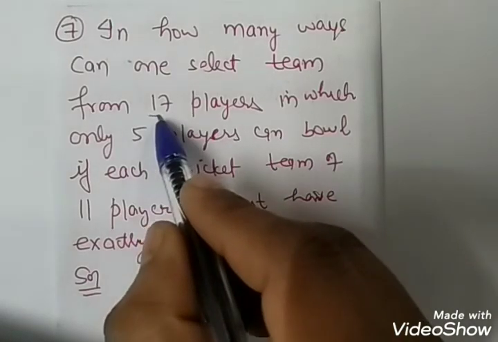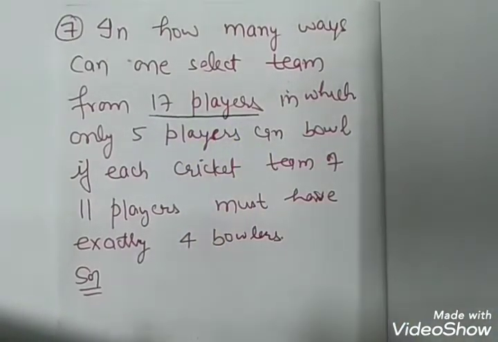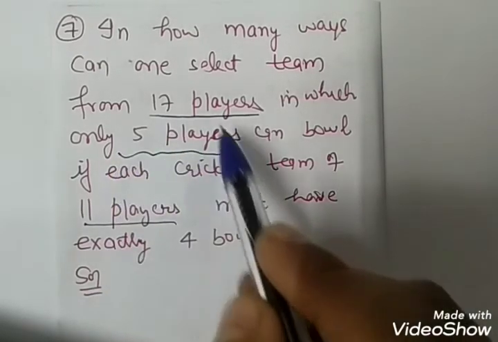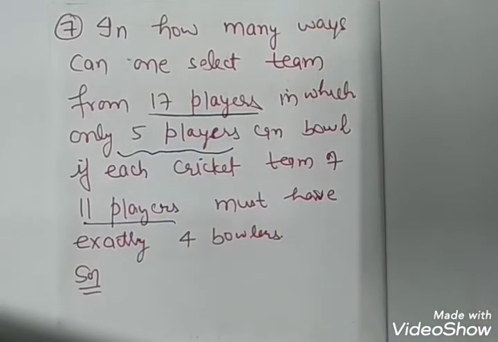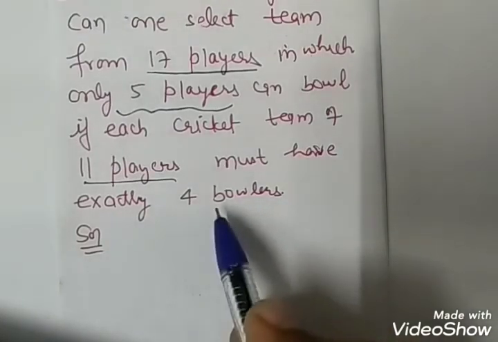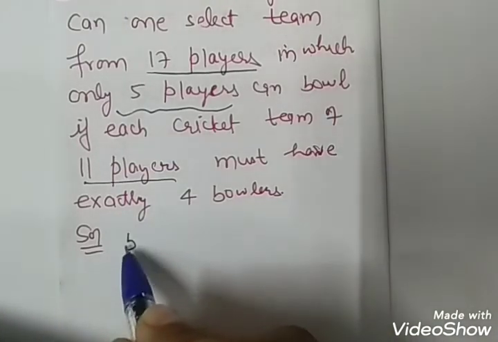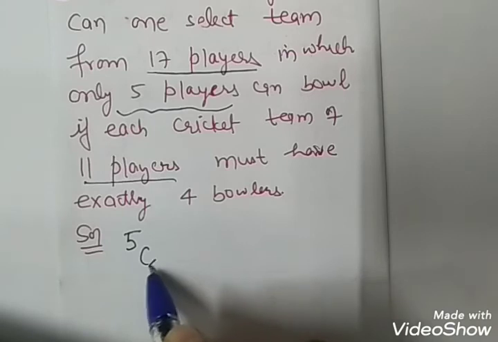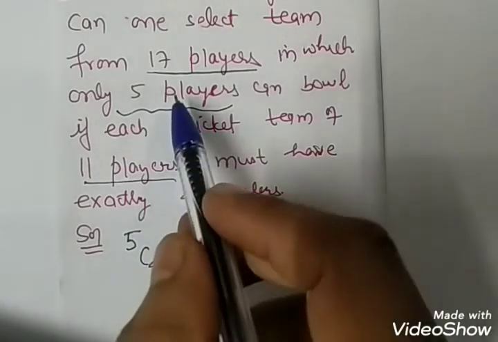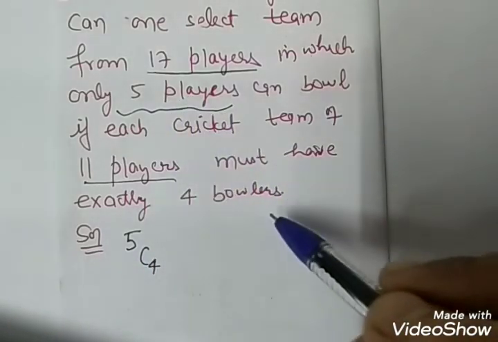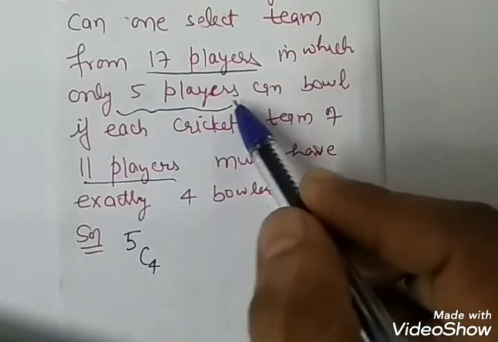See, we have 17 players available. We have to form a team of 11 players. 5 out of 17 can bowl. We require 4 bowlers. So I can only select bowlers from the bowlers. 5 players can bowl, so I can select 4 bowlers from the players who can bowl.